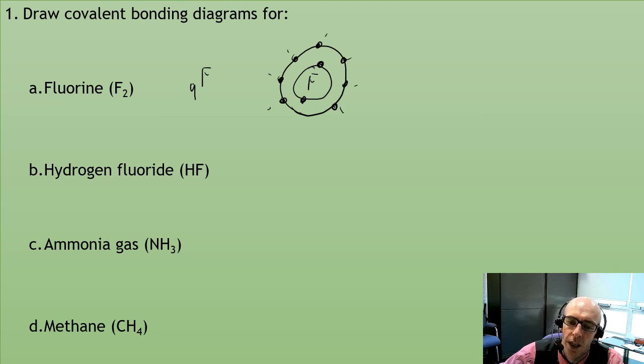You can straight away go, it needs 1. And the formula's there. So you're going to draw another fluorine that needs 1, and then you're going to draw them joined together.